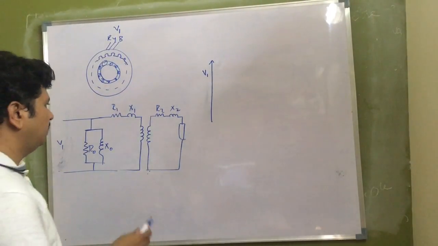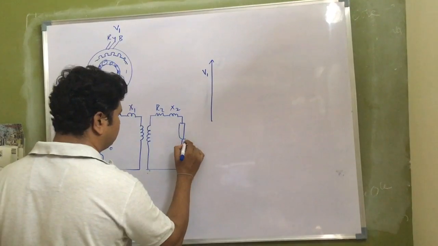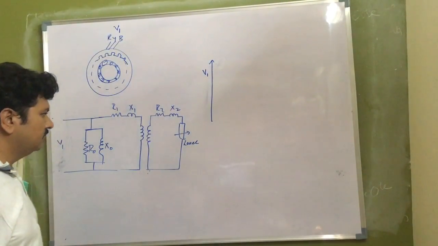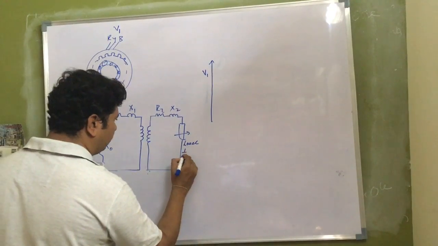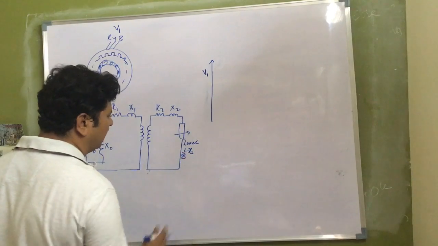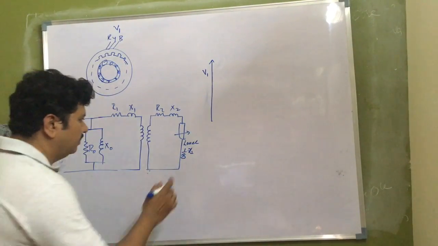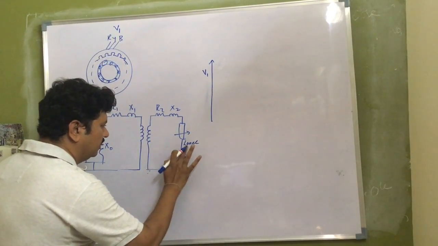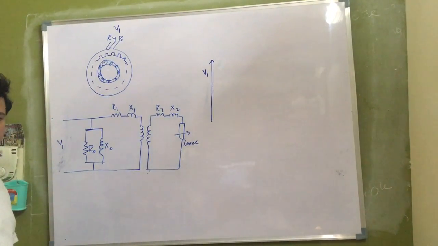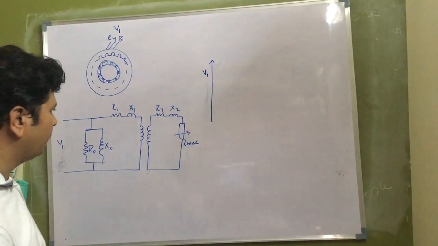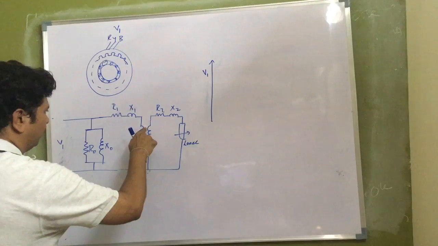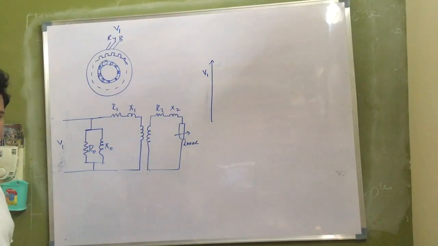And this is the load, the electrical equivalent of the mechanical load. It is generally 1 by S into ZL or something like that. I don't exactly remember, and I should not make a wrong statement. Let us take this as load. I am not interested in what load it is. It is a mechanical load. So this is not the core, there is an air core.